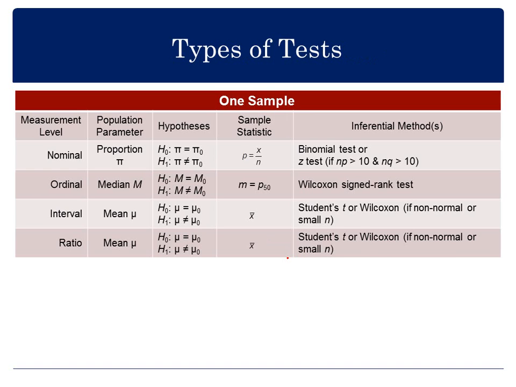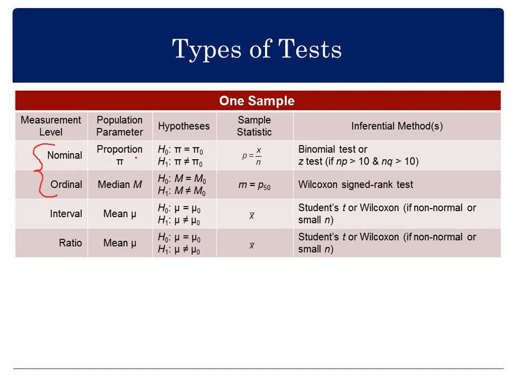The different types of tests based on the type of outcome you have are listed here. So categorical outcomes are the nominal and ordinal. When we have categories like yes, no, or male, female, or complete response, partial response, stable disease, failure, those things we tend to describe using percentages or proportions.